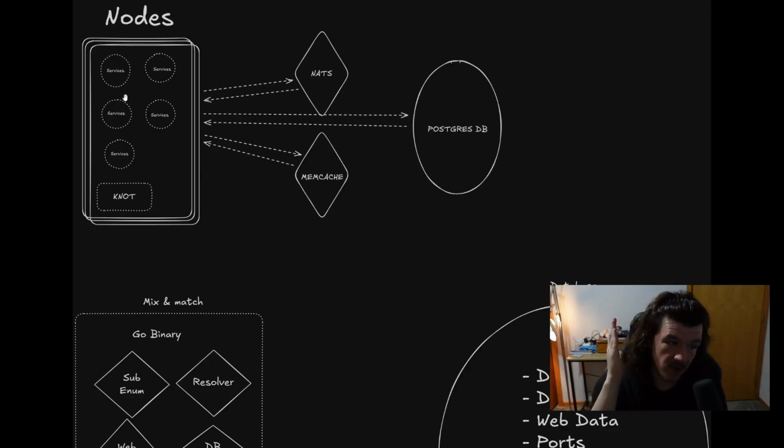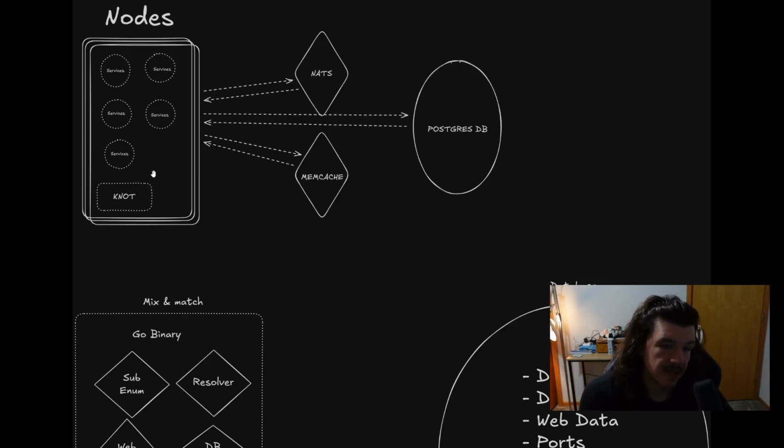Whenever a new node gets deployed onto the cluster, every node will obviously have some kind of service on it. By services, I mean some version of this Go binary and some kind of image. But every node that gets deployed automatically also comes with Unbound resolver on it, a local version, just out of the box.